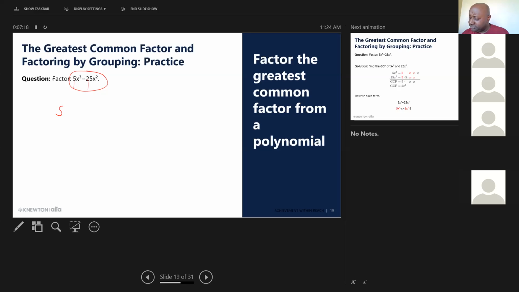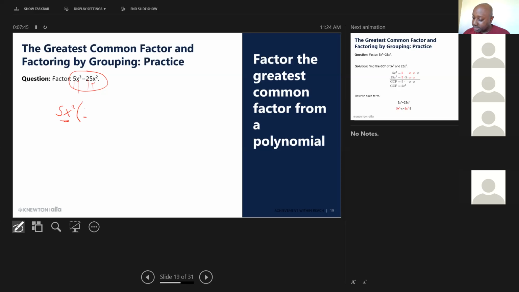And then the greatest common factor between x to the third and x to the second is x to the second. And I write my parenthesis. Now 5x squared times what would give me 5x cubed? Well, 5 times what would give me 5? Well, 1.